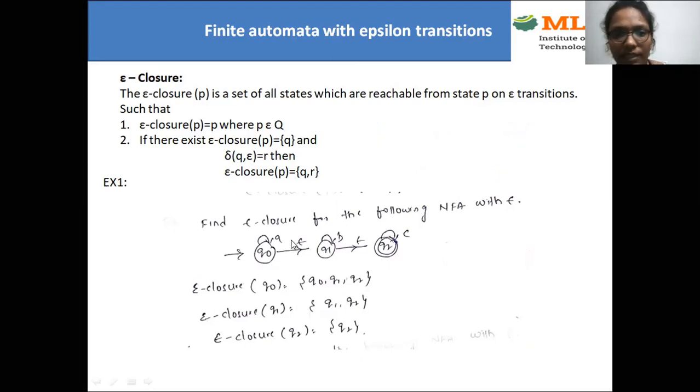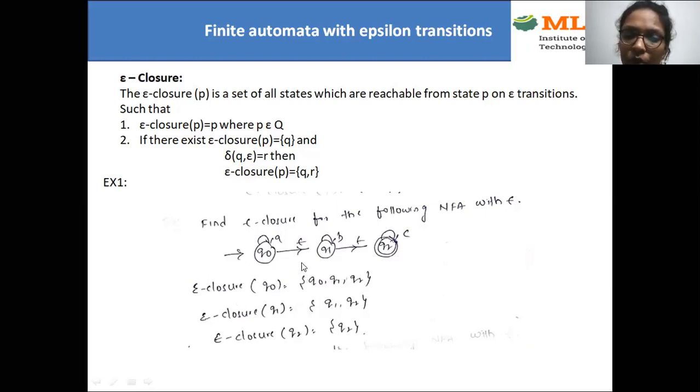See, this is the example here, the same previous example, A star, B star and C star. First I need to find the epsilon closure of Q0. First is that state itself, Q0, and on epsilon I can reach Q1, but Q1 on epsilon has another path, so I need to consider Q2 also. So epsilon closure of Q0 is Q0, Q1, Q2.